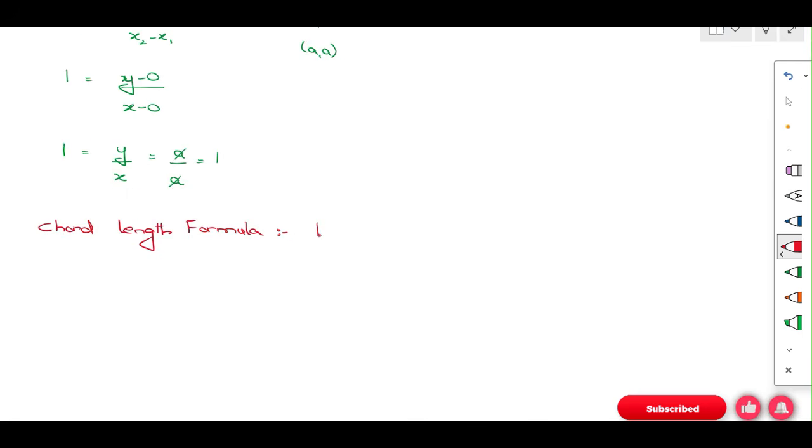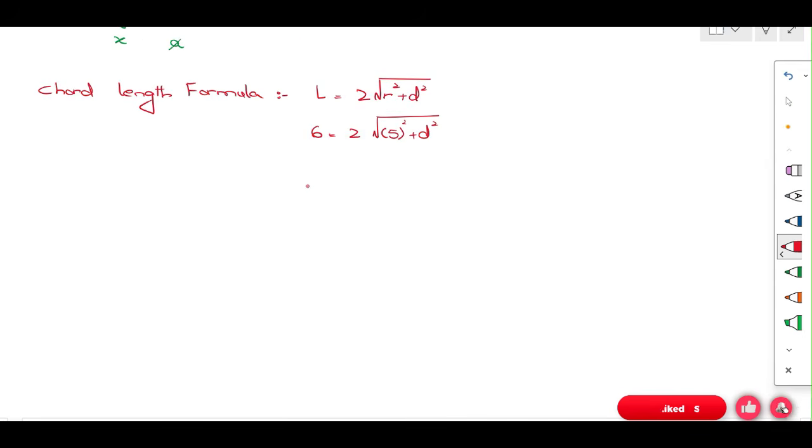L equals 2 times square root of radius square plus distance square. Chord length is 6, that equals 2 times the square root of radius 5 squared plus d square, the perpendicular distance from the chord to the center. So 2 times 3 is 6, you have 3 over here, and the square root of 25 plus d square.